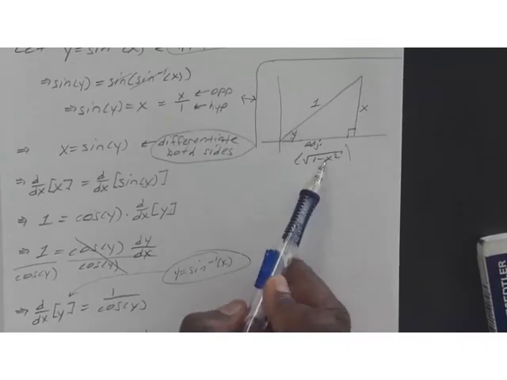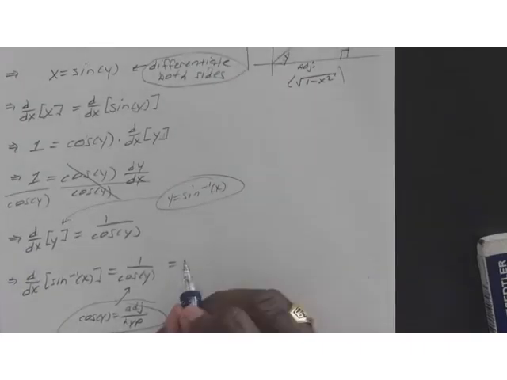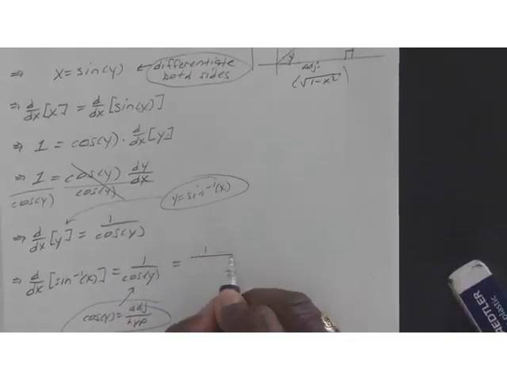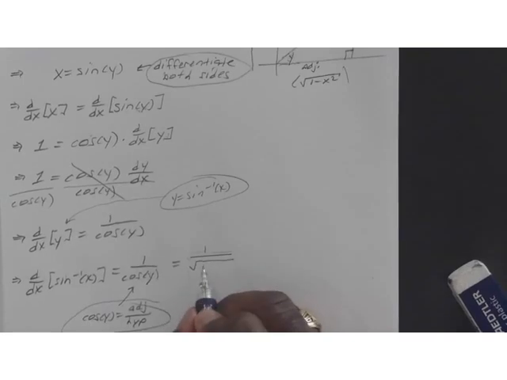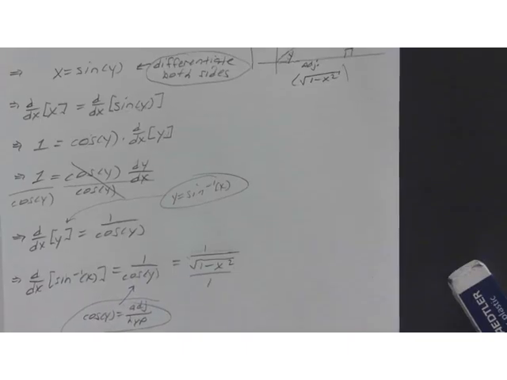So here, if we have the adjacent over the hypotenuse, that's just the square root of 1 minus x squared over 1, which you don't really need the over 1, but we'll put it there anyway.